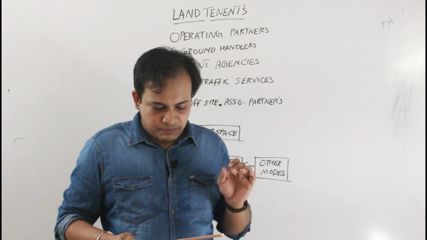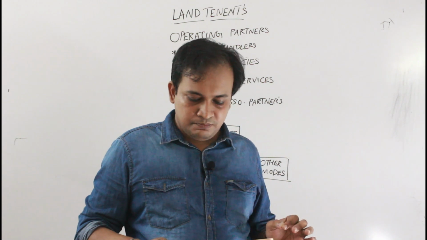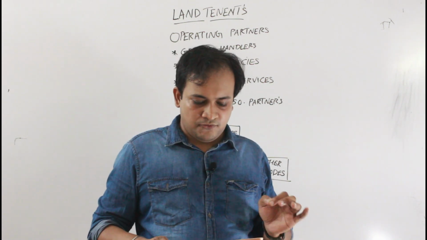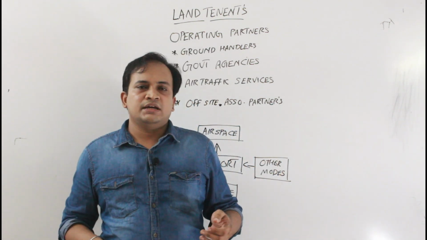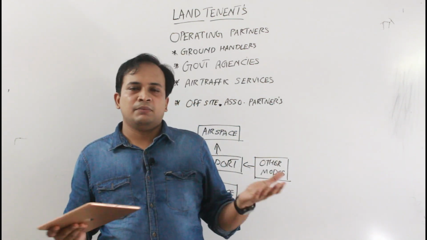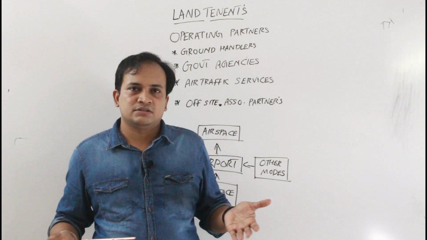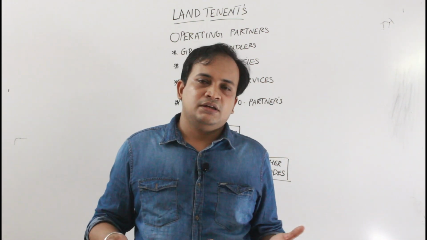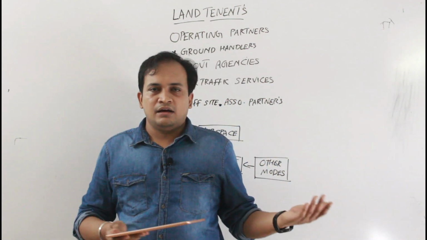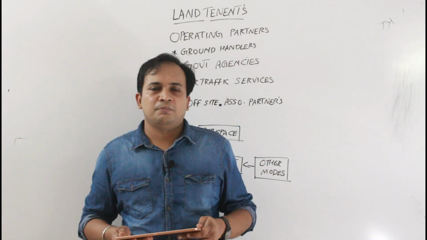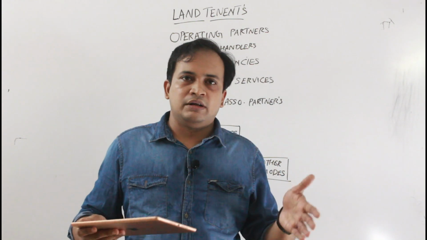And B, specific interest groups such as business associations, chambers of commerce, and tourism associations. You go to Chennai airport, you might see Tamil Nadu Tourism Development Corporation's stall in the arrival itself. You come to Trivandrum airport, you might see Kerala Tourism Development Corporation's stall in the arrival.